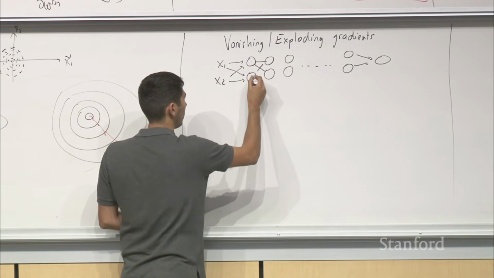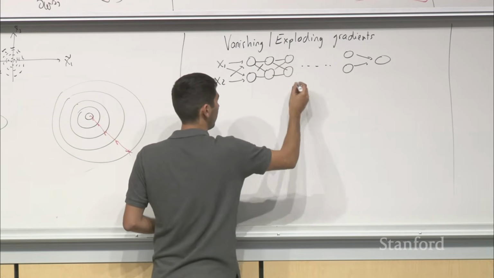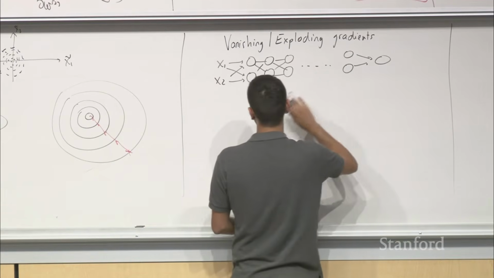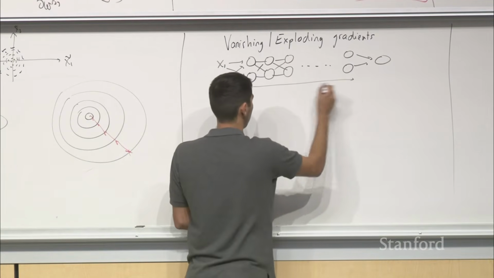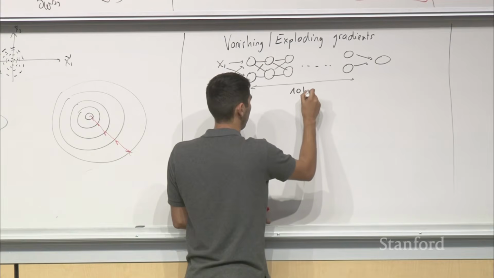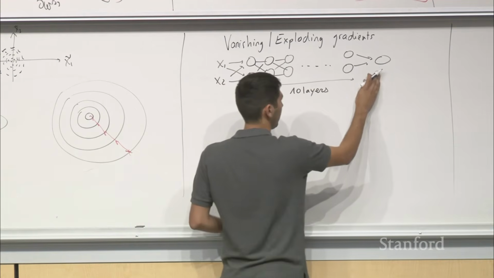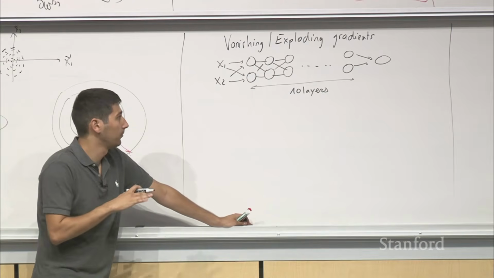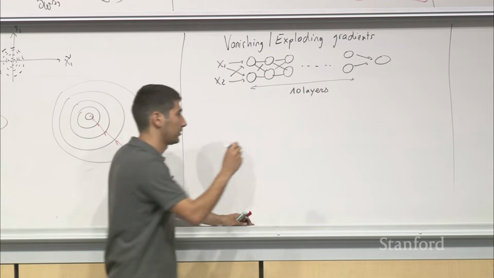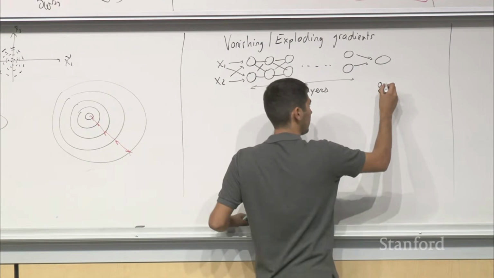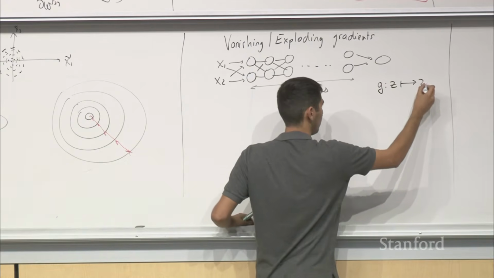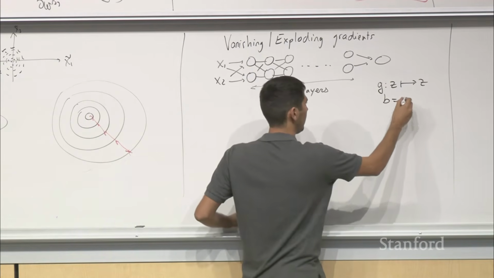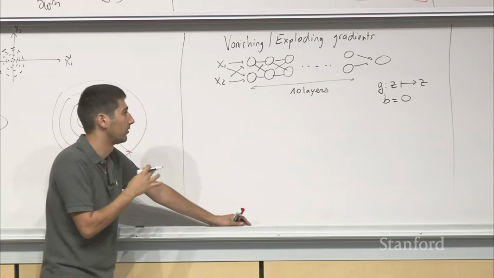Okay? So let's say we have 10 layers in total, 10 layers plus an output layer. Assume all the activations are identity functions, and assume that the biases are equal to 0.